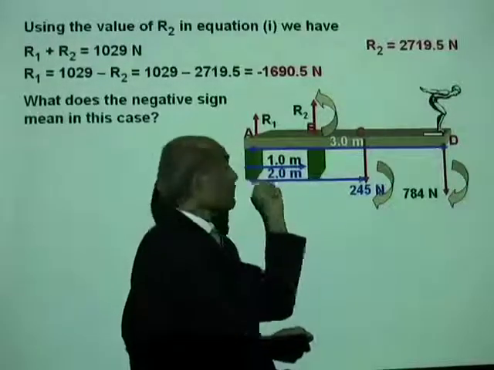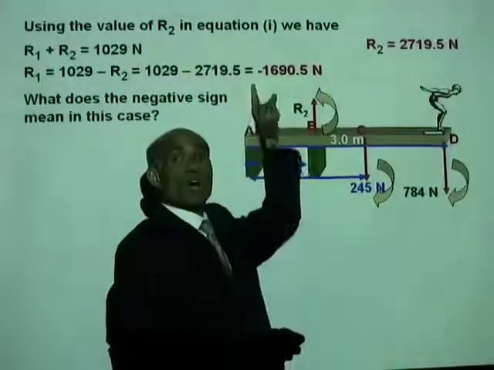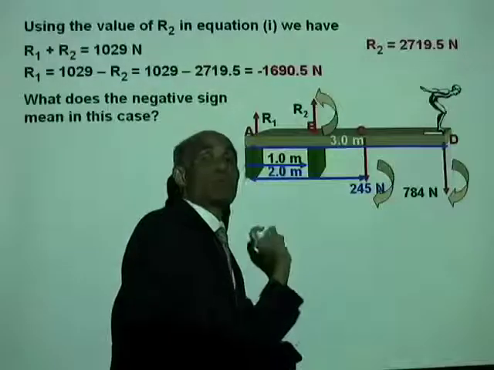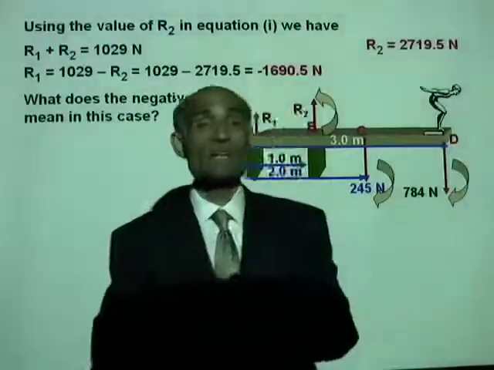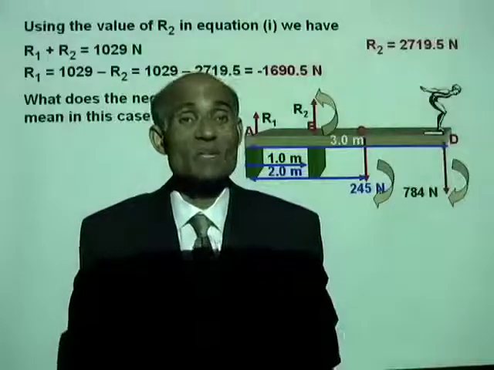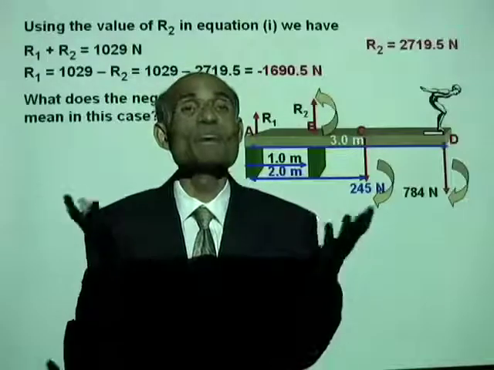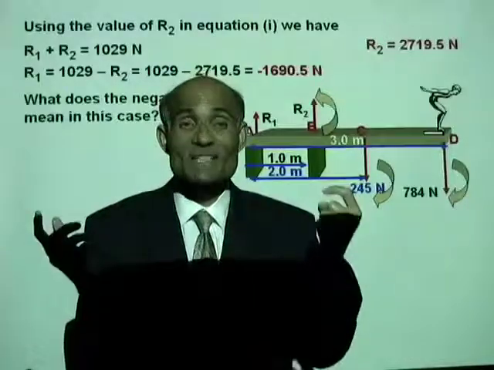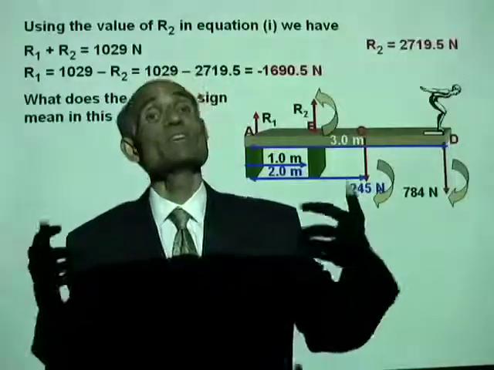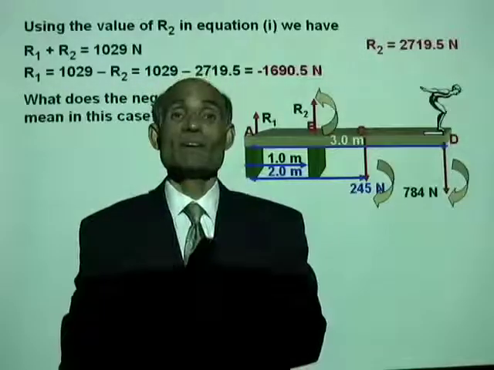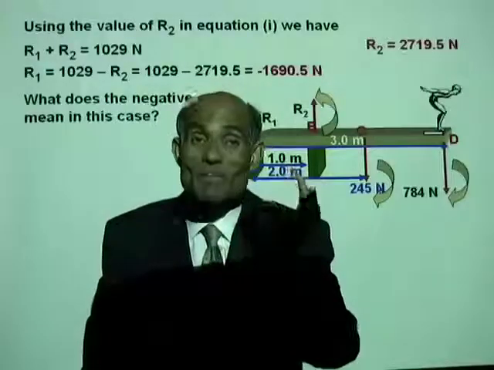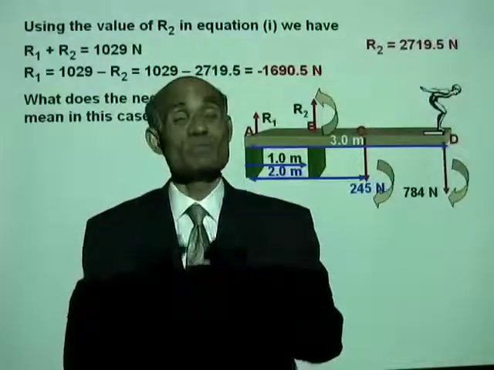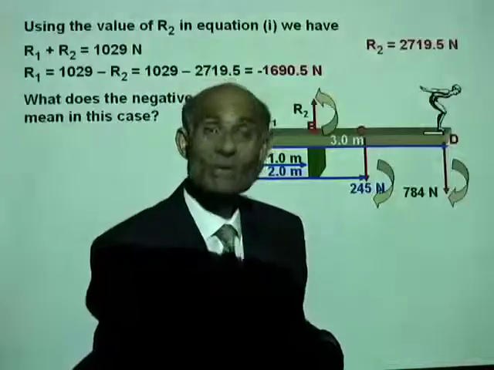The reaction force of this support is not upward but downward. Now you notice that even if you make a mistake, the method of the problem will correct us. So it doesn't matter if you assign a force in the wrong direction. If you use the correct method for solving the problem, the method of the problem will correct you.